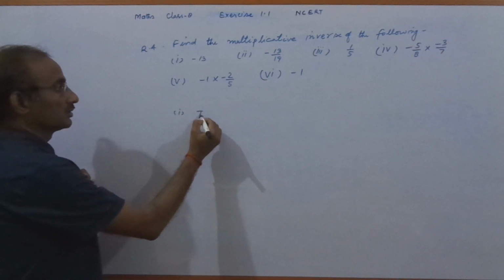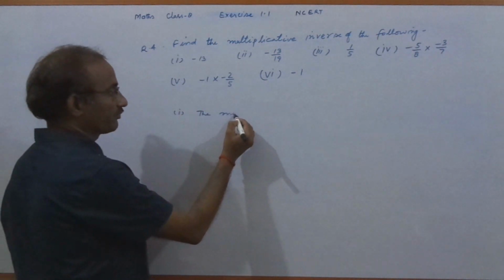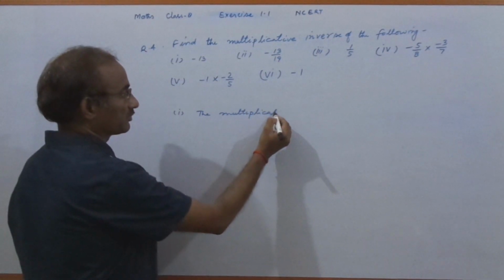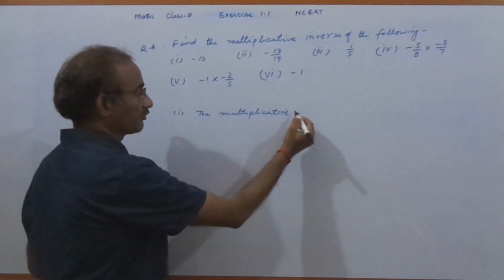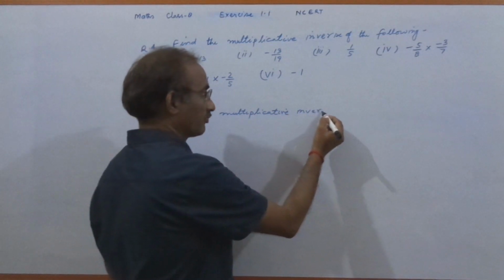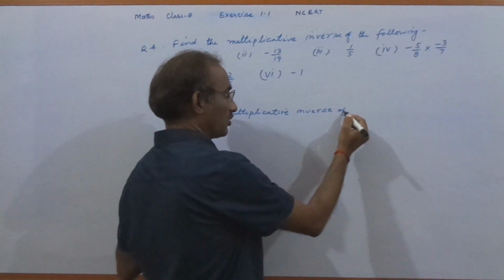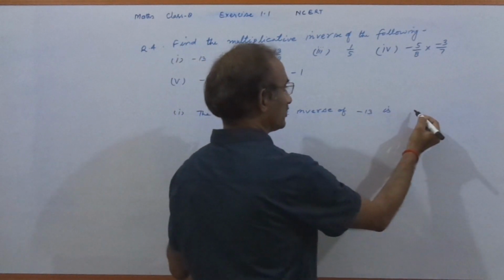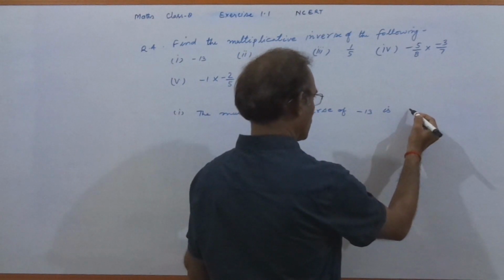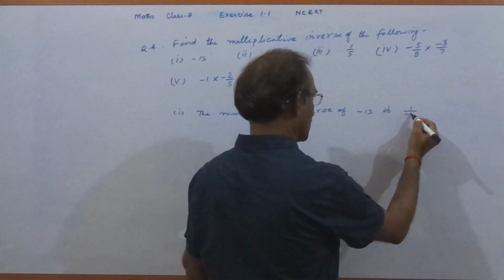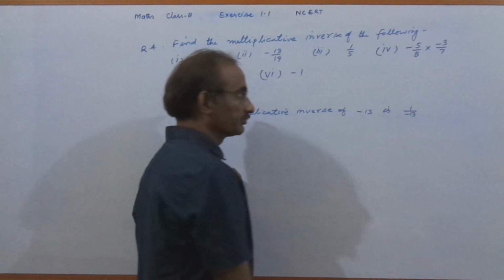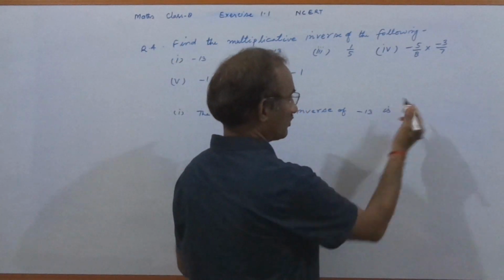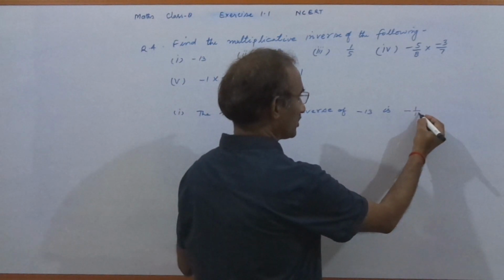First, the multiplicative inverse of minus 13 is 1 upon minus 13. Or it can be also written as minus 1 upon 13.